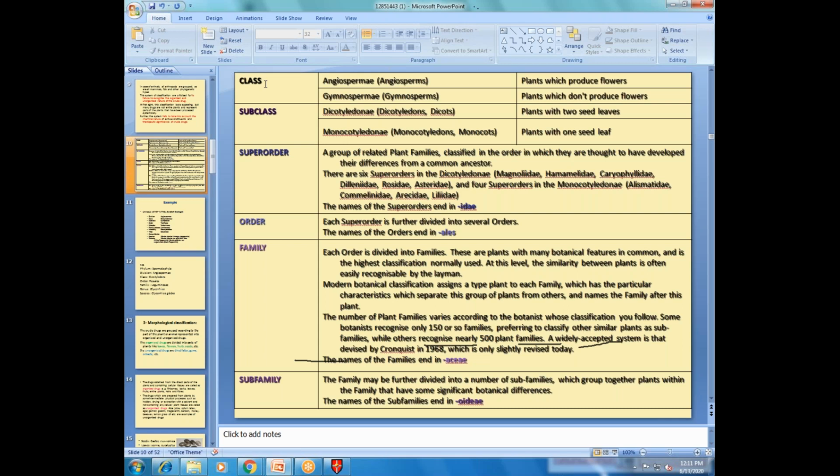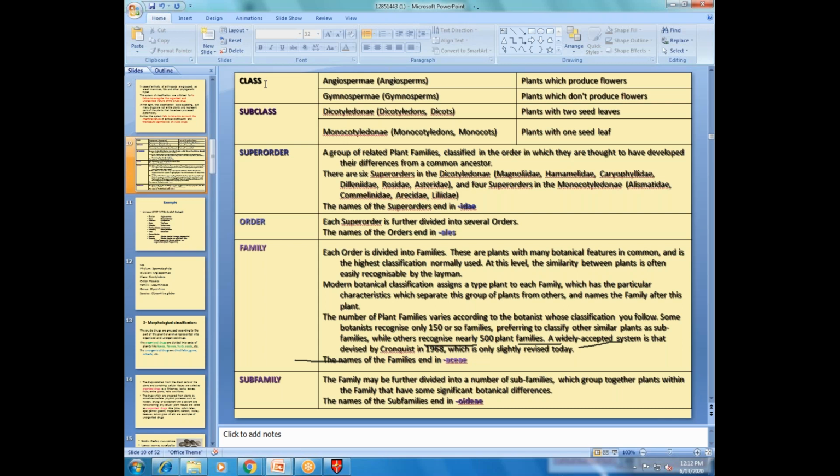In addition, there is the superorder. This is a group of related plant families classified in the order in which they are thought to have developed their differences from a common ancestor. The ancestor is the same, but it would have acquired different characteristic features; that is called a superorder. There are six superorders, with different families.